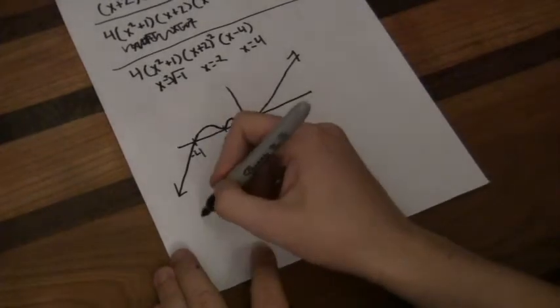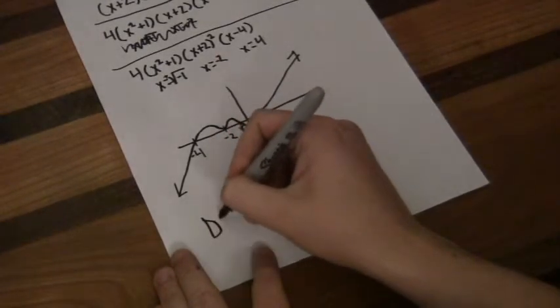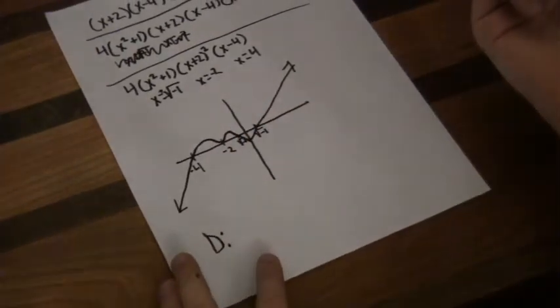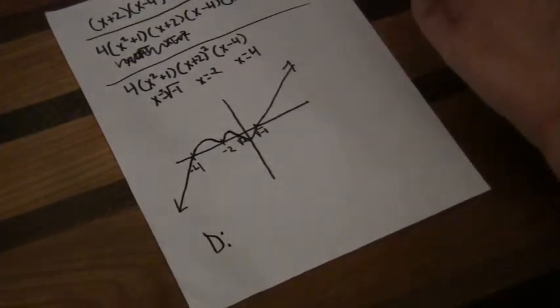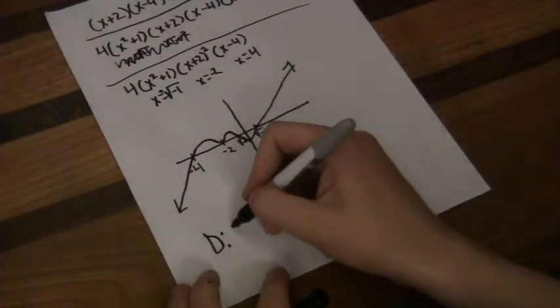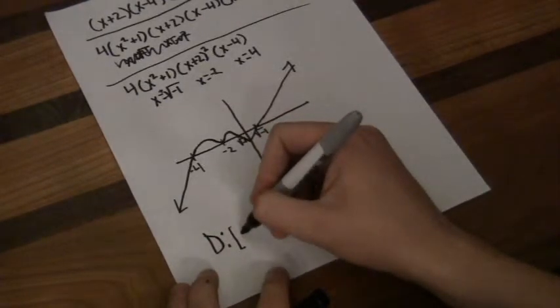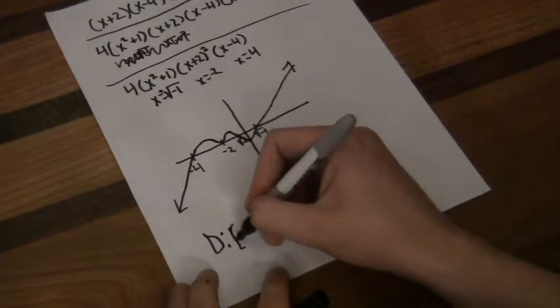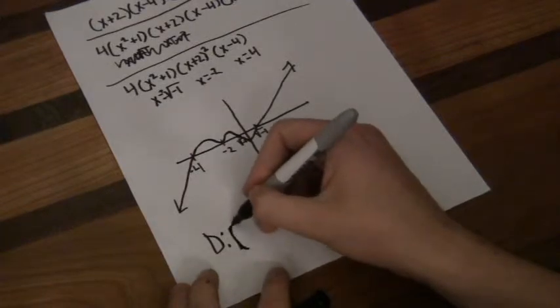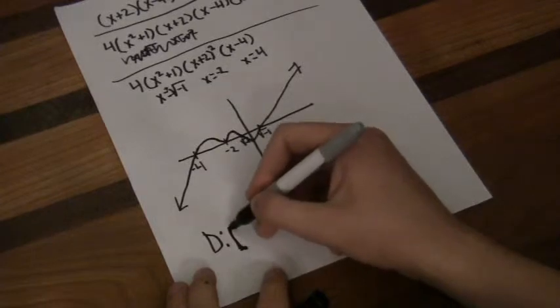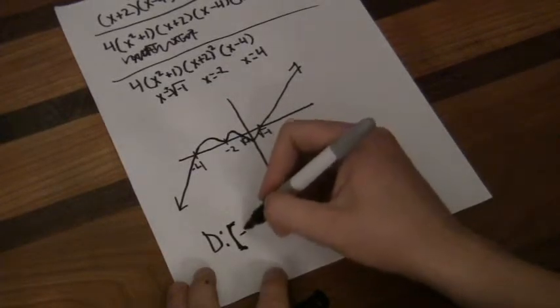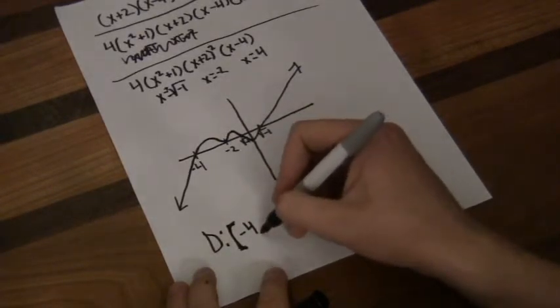So the domain. Now how to figure this out is we just look for everything basically above the x-axis. So we've got, oops, make sure to make that a circle, because we've got, nope, not a circle. I was right the first time. Square brackets. Oh jeez, -4.